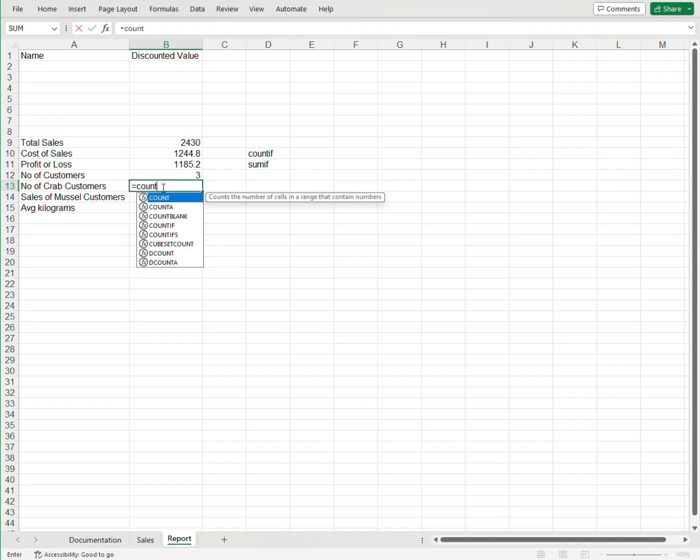So how will we design this thing? A countif has two parameters, the range and the criteria. So we have the range and our criteria. We're going to select the range, and this criteria is going to be based on this range.